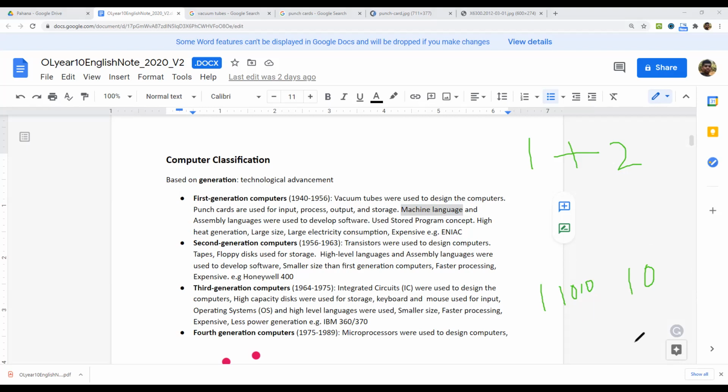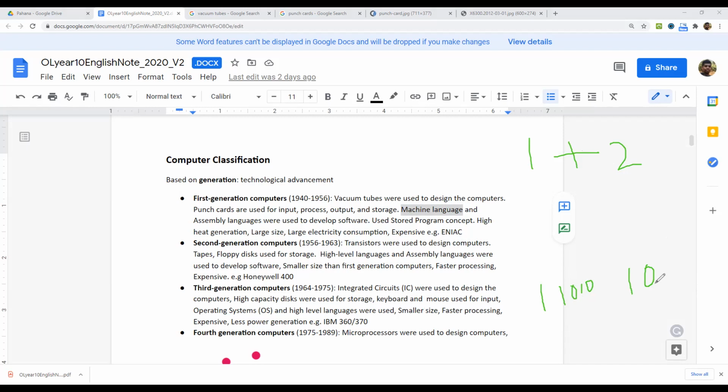So when instructions are written like this, it is called machine language, right? Early computers were used, especially when you take Babbage's and so on. Those computers had binary digits, and nowadays we can simply write 1 plus 2. But earlier we had something like this, and this is called machine language.